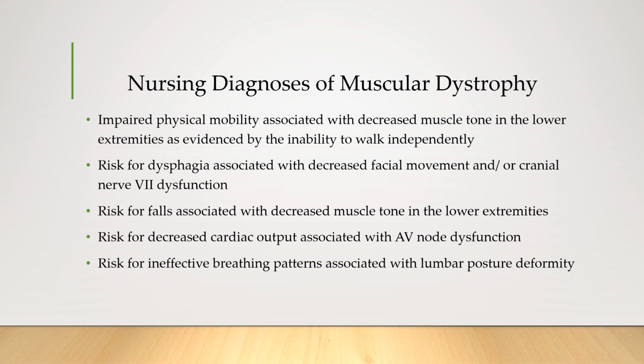Risk for falls associated with decreased muscle tone in the lower extremities. Risk for decreased cardiac output associated with AV node dysfunction. Risk for ineffective breathing patterns associated with lumbar posture deformity.